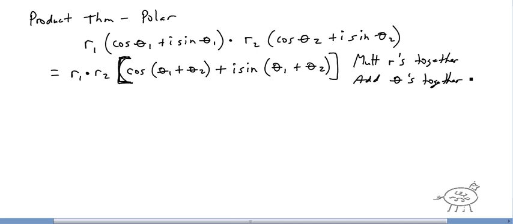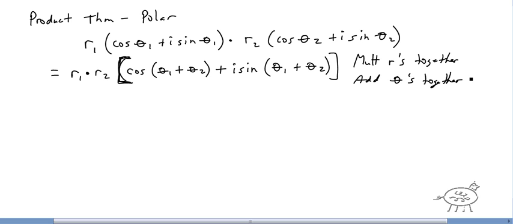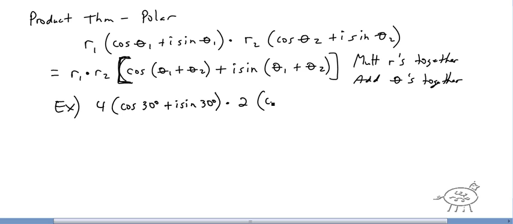It's pretty simple. So let's start out with a really basic problem. Here's your example: 4 times cosine of 30 degrees plus i sine of 30 degrees, times 2 cosine of 60 degrees plus i sine of 60 degrees.